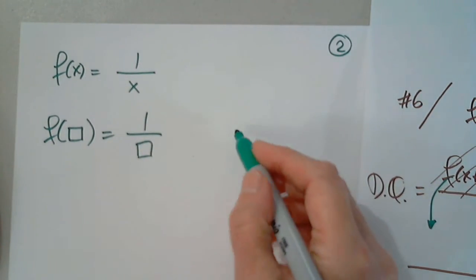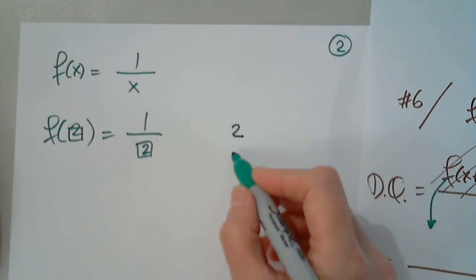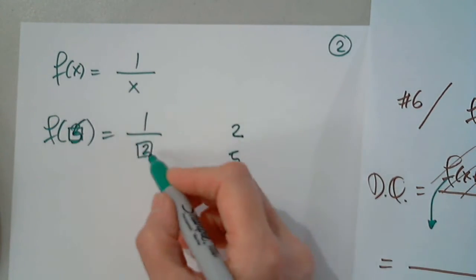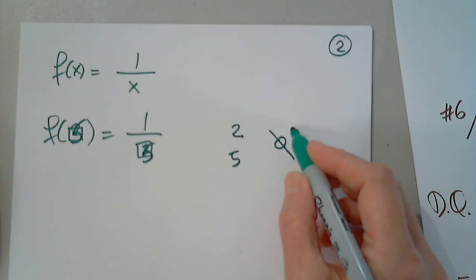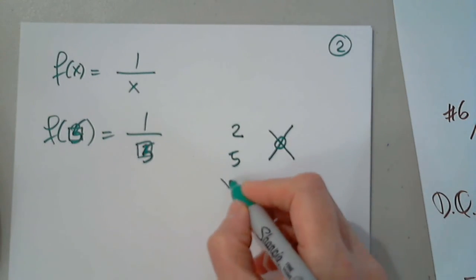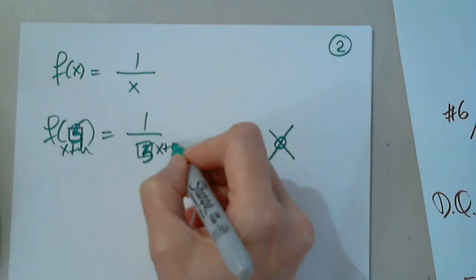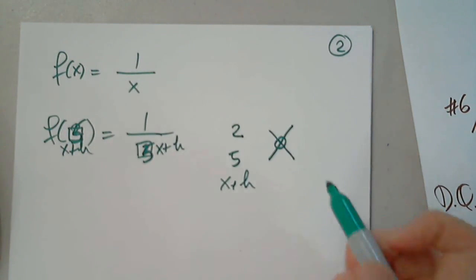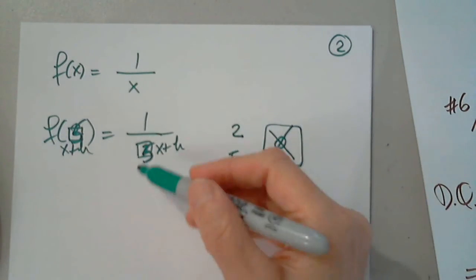If you ask me to plug in 2, I'll plug in 2. If you ask me to plug in 5, I'll plug in 5. If you ask me to plug in 0, I'll say sorry, I cannot do that. But if you ask me to plug in x plus h, I'll plug in x plus h. Just tell me what to plug in, but don't tell me 0, because I can't. 1 over 0 is undefined.